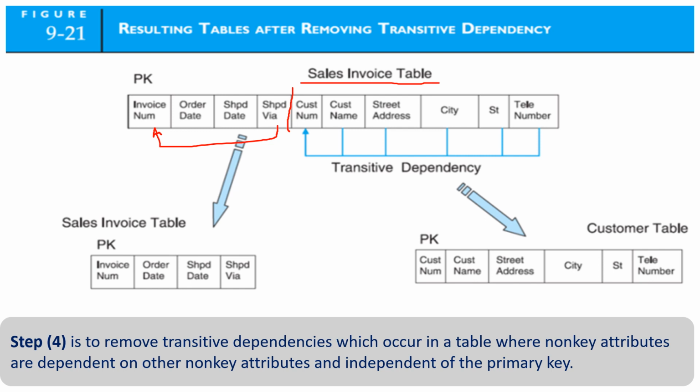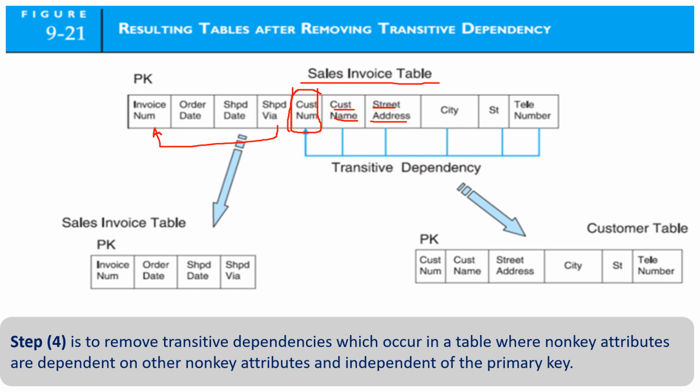But those information, telephone numbers, street, city, street address, and so on, and customer name, all of this information is a transitive dependency on the customer number.